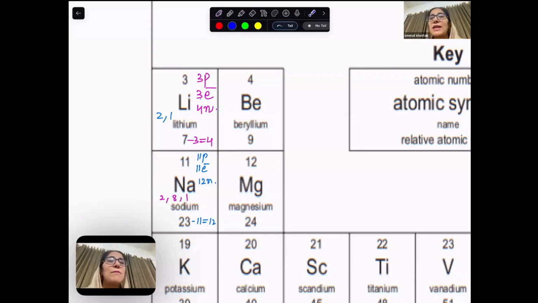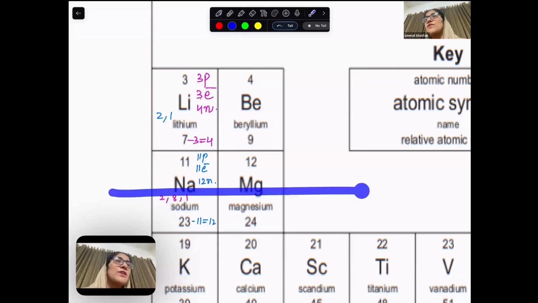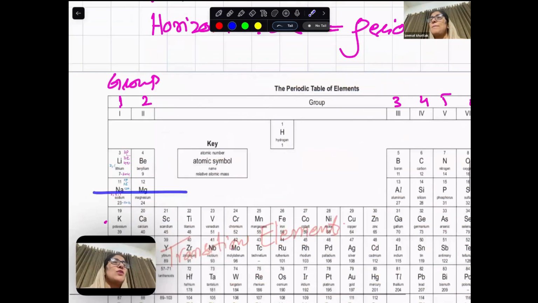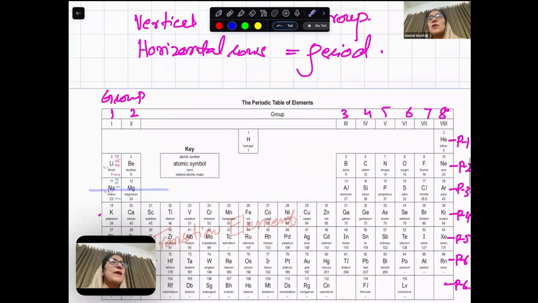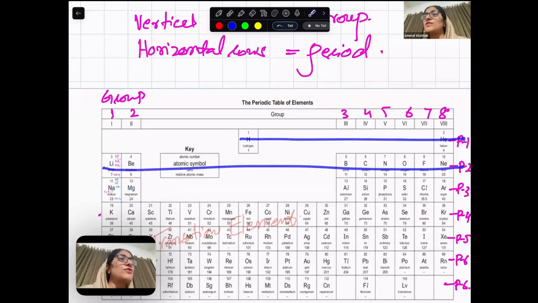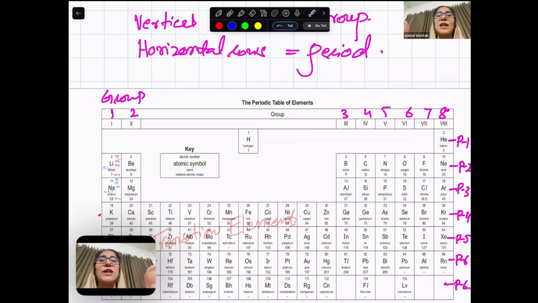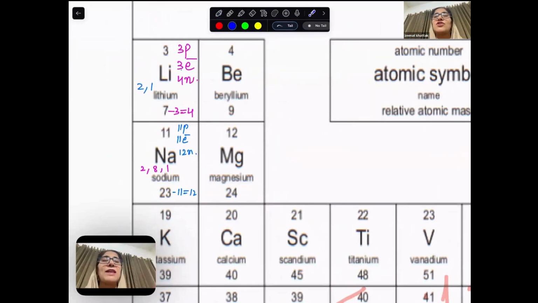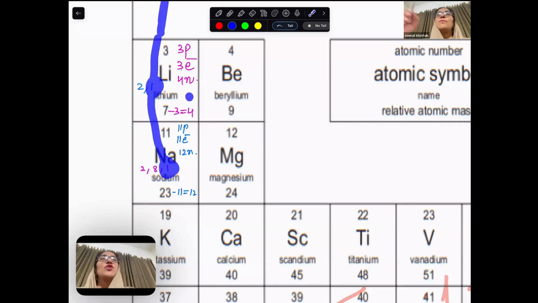So how many shells? 3 shells. The period number is 3. Look, period number 1 is very small. This is period number 1, this is period number 2, this is period number 3. So there are how many shells? 3 shells. Period number 3. How many electrons in the last shell? Group 1.